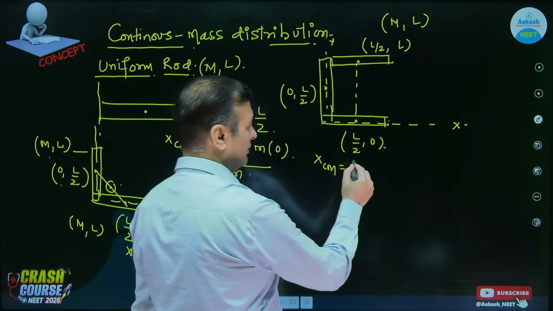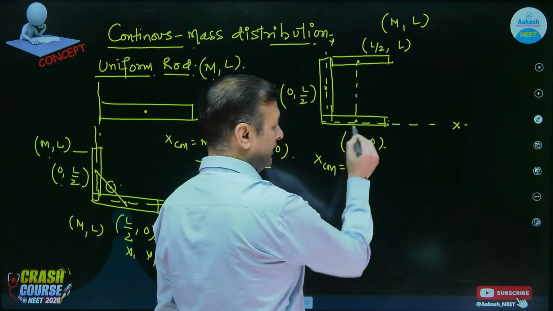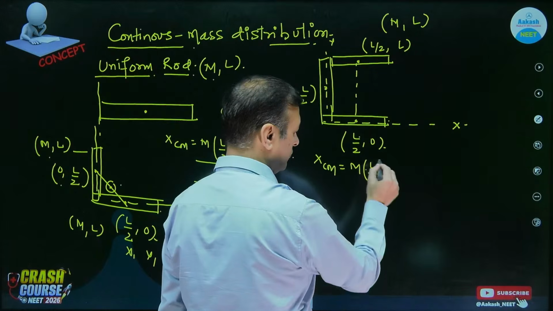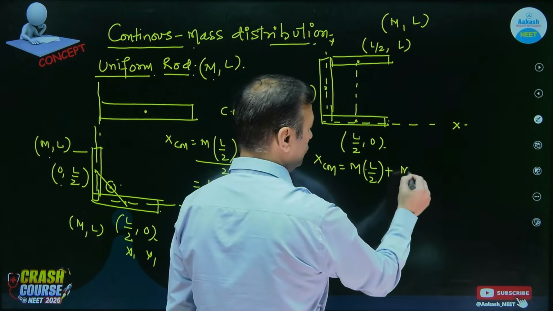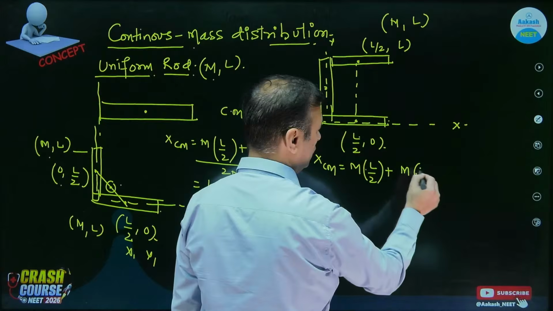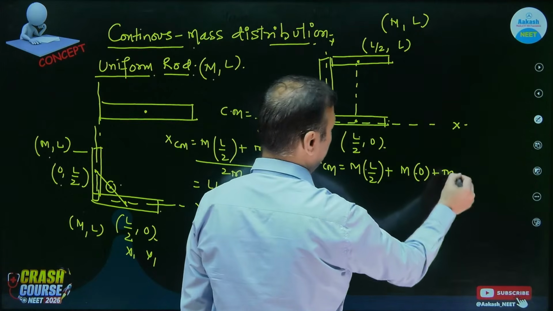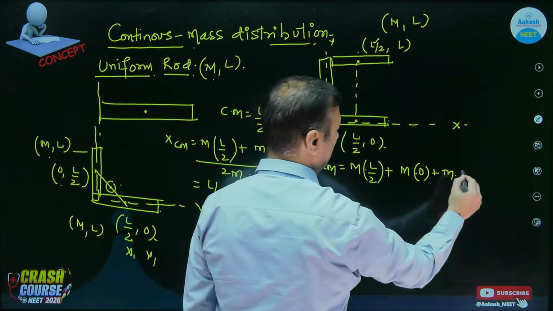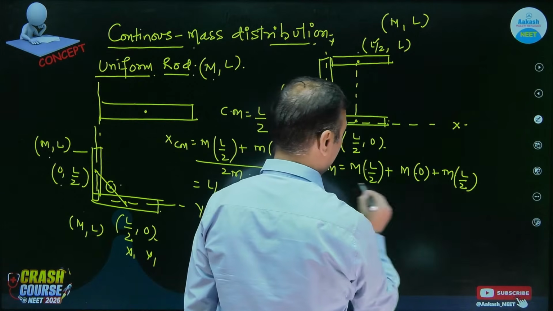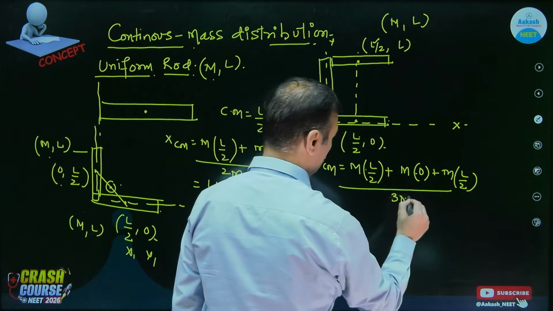So this is m1 x1, m2 x2, m3 x3 divided by the total mass.